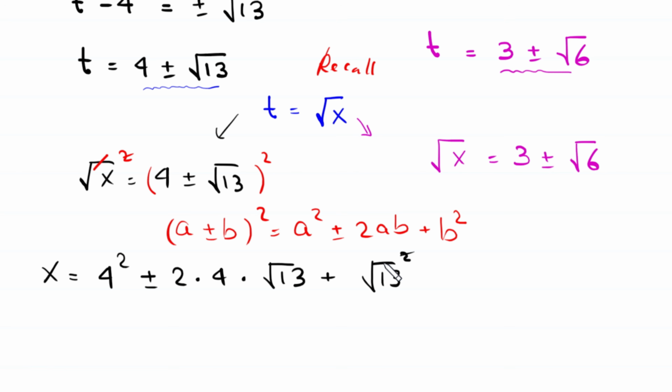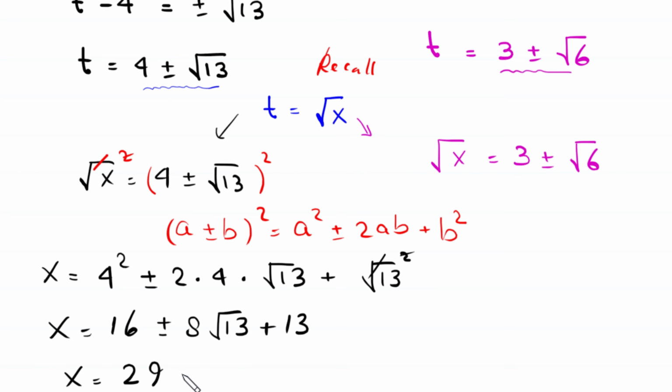This square will be cancelled out with the square root and x will be equal to 4 squared is 16 plus minus 2 times 4, 8 times root 13 plus this will become 13, and x will be equal to 16 plus 13 will become 29 plus minus 8 times root 13.